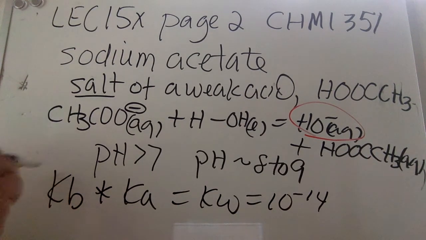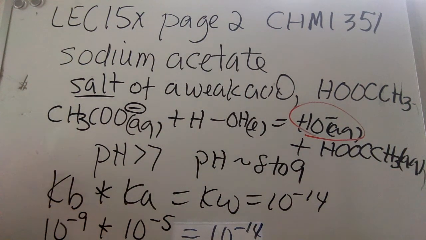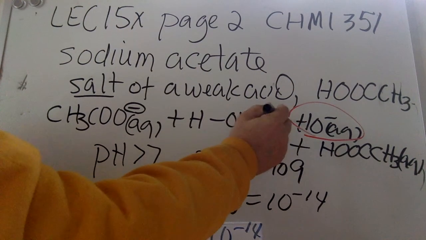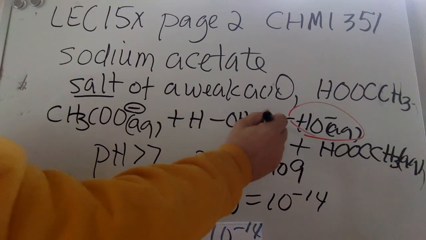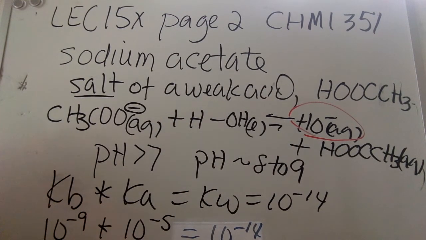We look up the Ka for acetic acid, we find it's 10 to the minus 5. Therefore, we're assuming that the Kb is 10 to the minus 9. Anything below 10 to the minus 7 is considered very weak. We're on a very weak side, so we don't expect a lot of that. So we would expect the equilibrium arrows to favor the reactant side, or the left-hand side.